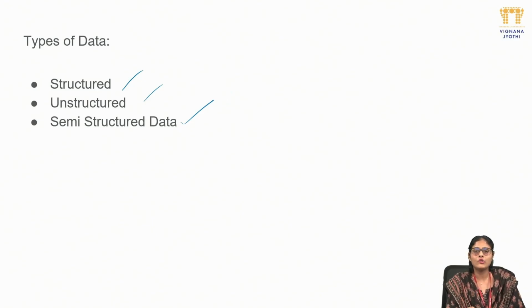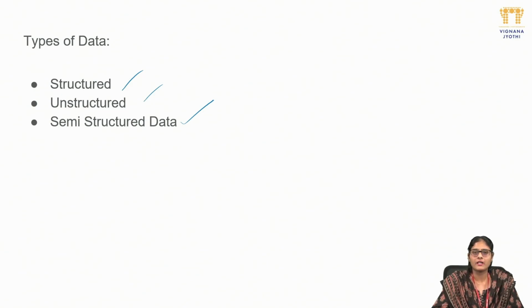So I will tell you what structured, unstructured, and semi-structured data are. Structured data is generated in a proper format and stored in rows and columns in a table. That happened previously.